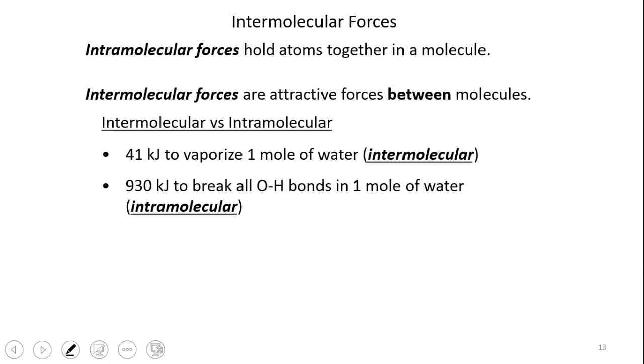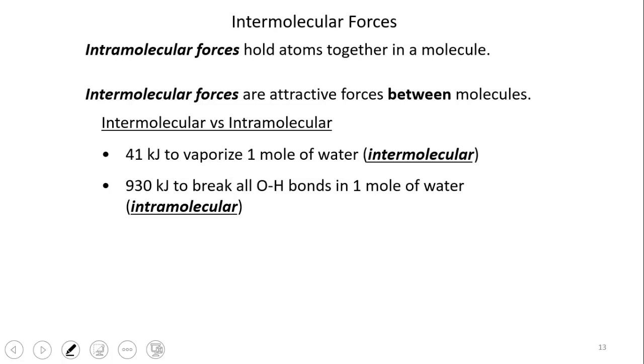So you can see that the intramolecular force is a lot stronger and requires more energy to break covalent bonds than the intermolecular forces, or the energy required to simply pull apart molecules of a substance in order to, let's say, for example, vaporize them.